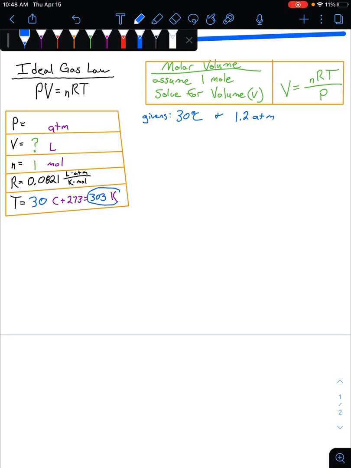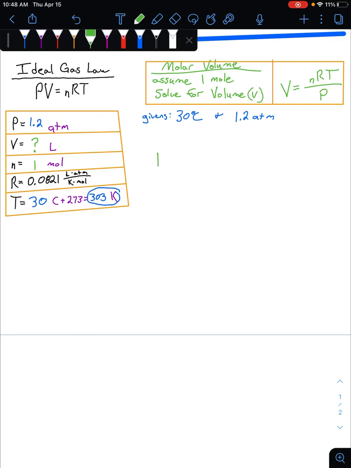I'm going to circle that to make sure I don't accidentally use 30. And pressure, 1.2 atmospheres. Now, plug them on in. Remember, you're using the ideal gas law rearranged, so you're solving for volume.